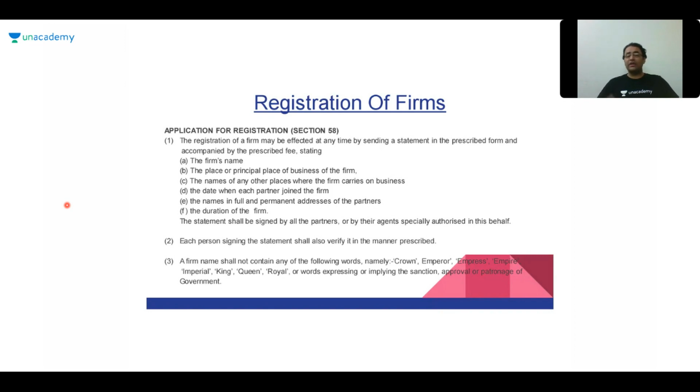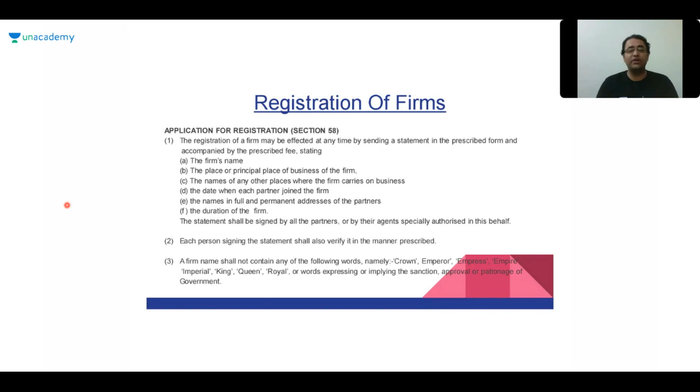So now in this topic, we will talk about the benefits and the disadvantages of registering or not registering your firm with the registrar of firms. Please remember, it's completely optional. There is no mandate that makes you register your firm with the registrar of firms.